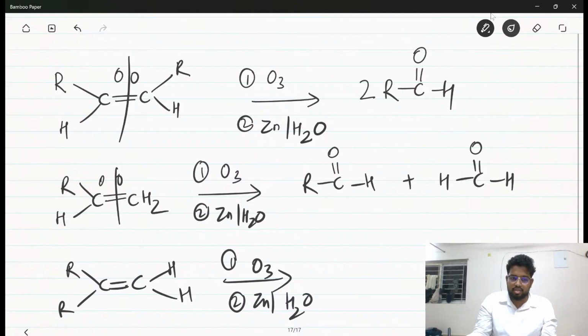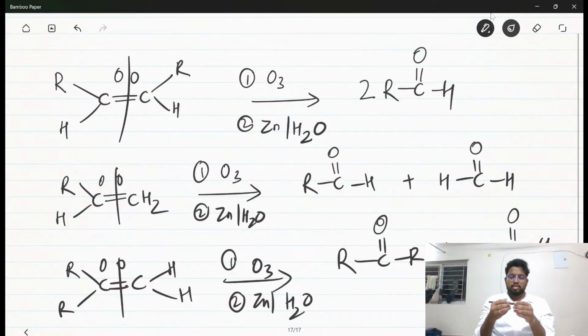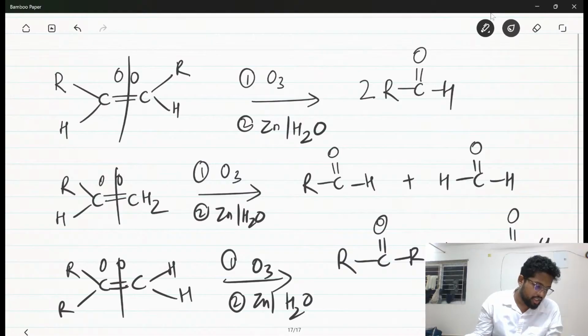What would be the product? I get R C double bond O R. Then what else do I get? H C double bond O H. One side ketone and another side I am getting formaldehyde.